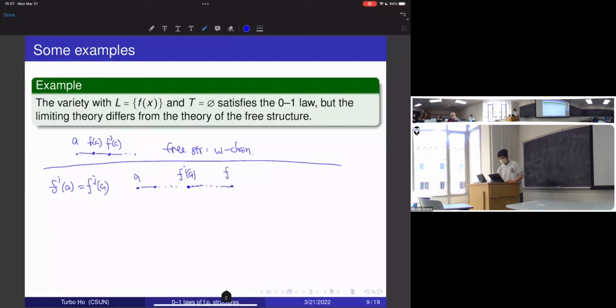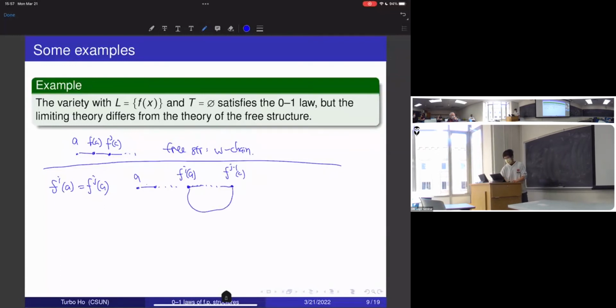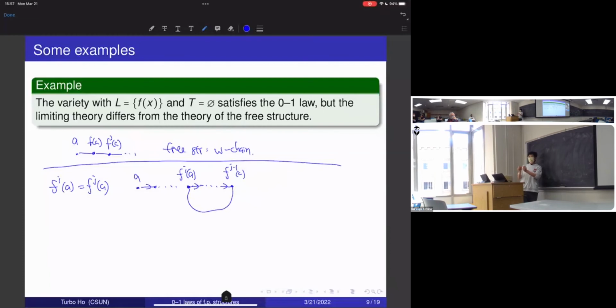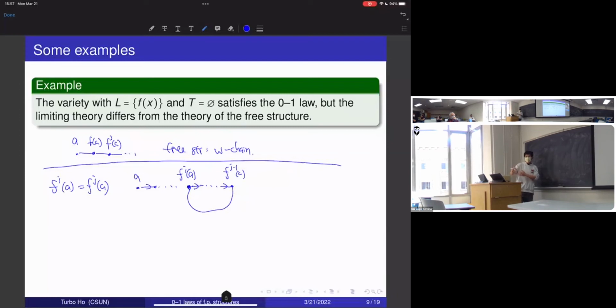And then when you get to f to the j minus 1 of A, you're going to loop back like that. Okay? So these are all directed edges. So here you see there's something very easy to tell whether you're in a quotient or not. Namely, you see this special point over here. This is a point where the function f is non-injective. And of course, f is going to be injective in the free structure. So let's call this point B.